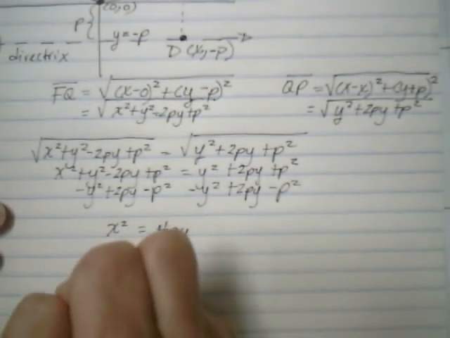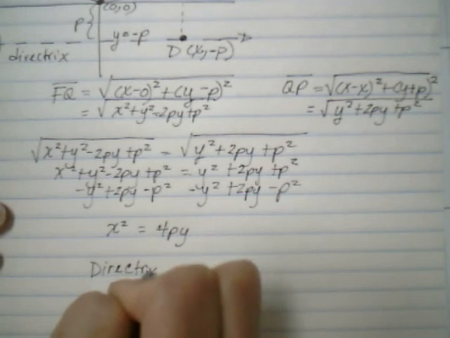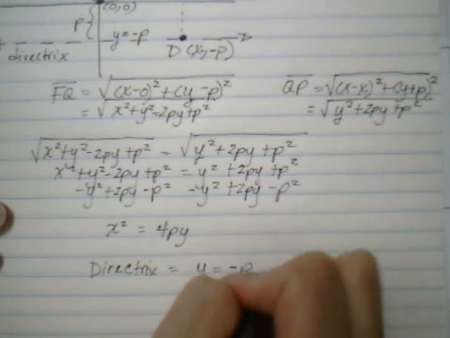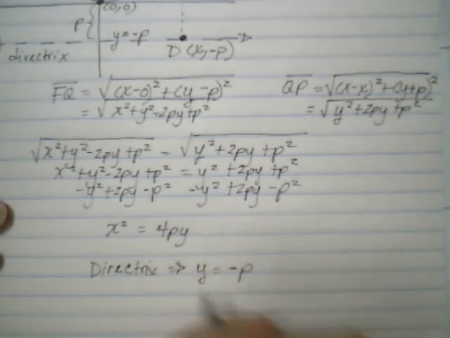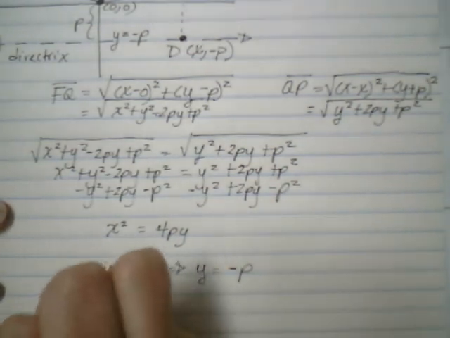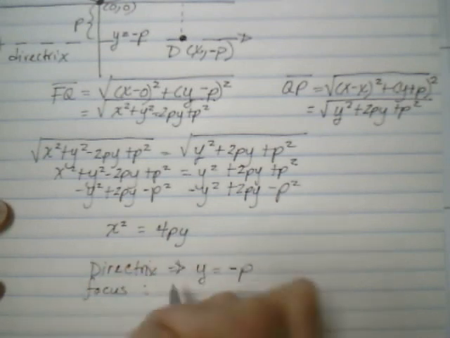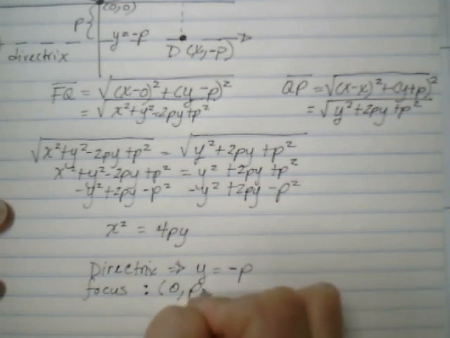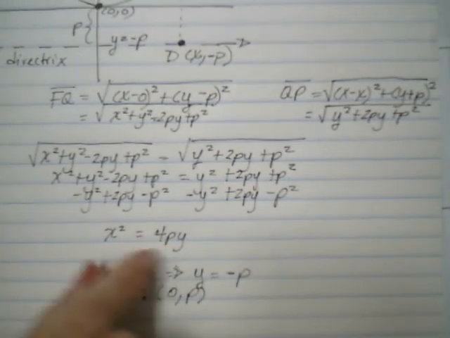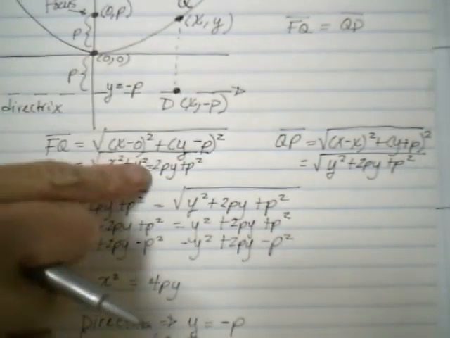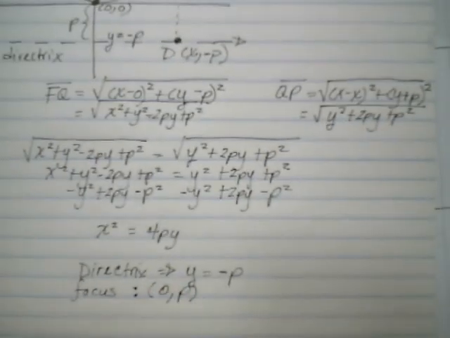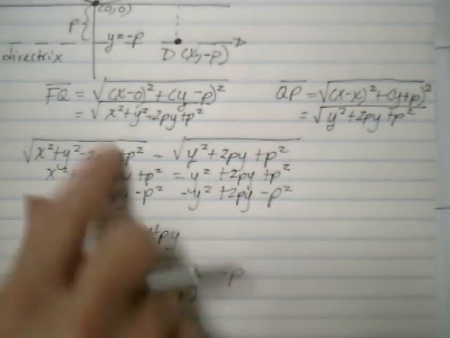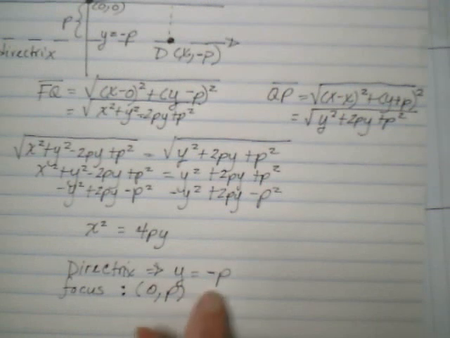So my directrix is going to be y equals negative p, and my focus is going to be at the point (0, p). Now, if my p were negative, the effect that would have on my graph is the graph would flip upside down. It would be pointing down, which gives me my directrix above the x-axis, at a positive p-value.